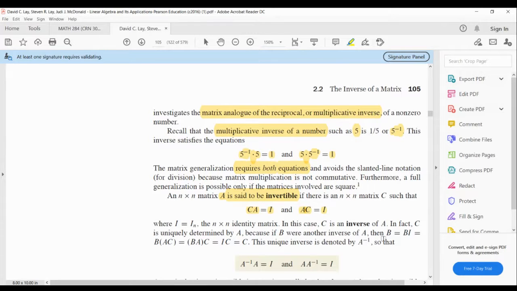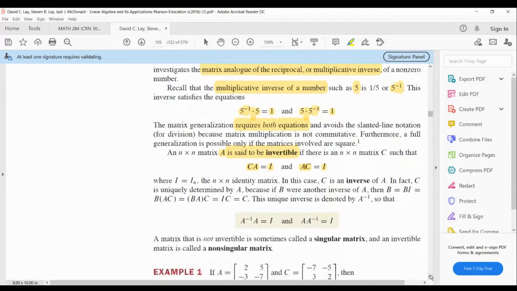The inverse matrix, A inverse, we denote as A to the negative first power, but it doesn't mean we can't take a matrix and raise it to the negative first power. It's just notation. So A inverse times A equals the identity, and A times A inverse equals the identity.